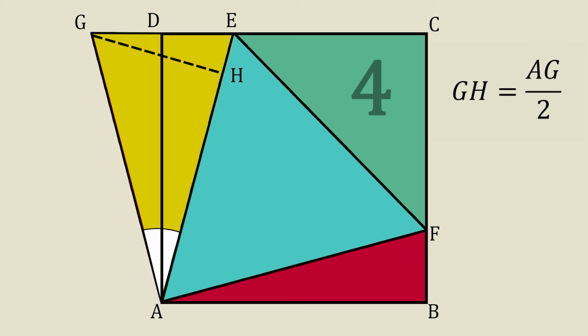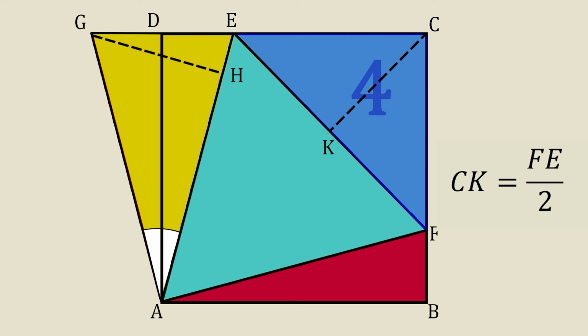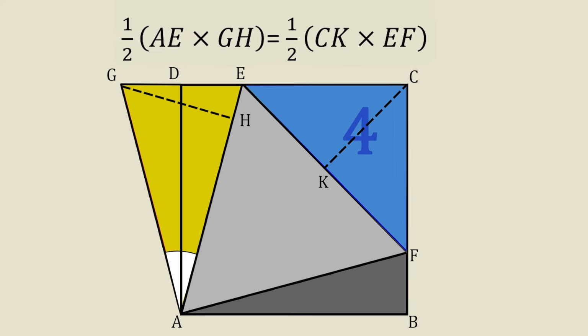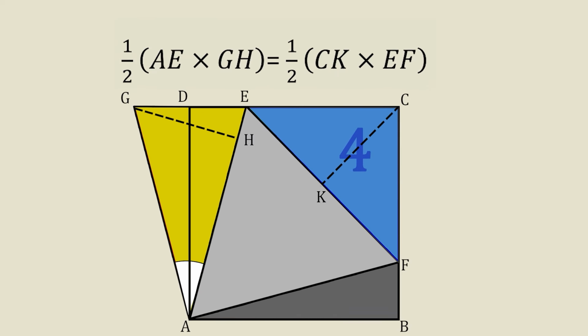And earlier, we established that the height of triangle FCE is FE divided by 2. Since AG and FE are the same length, the areas of triangle GAE and triangle FCE must be equal. And there it is. That's the key.